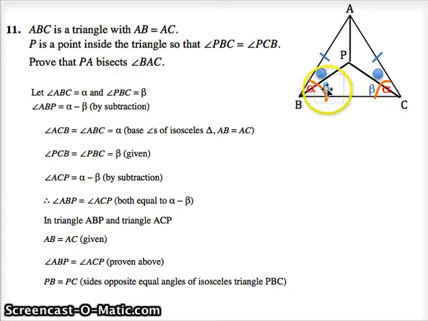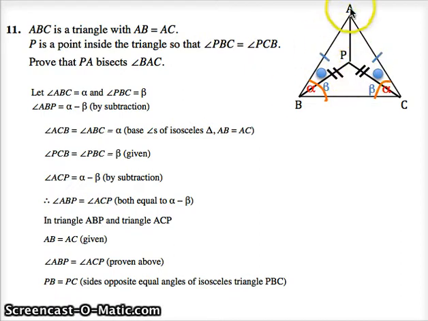So we've got some pieces of information there, and I'll just mark that in to make it clear. So we've just said that PB, that side there, equals PC. And I've just marked that in the diagram in black.